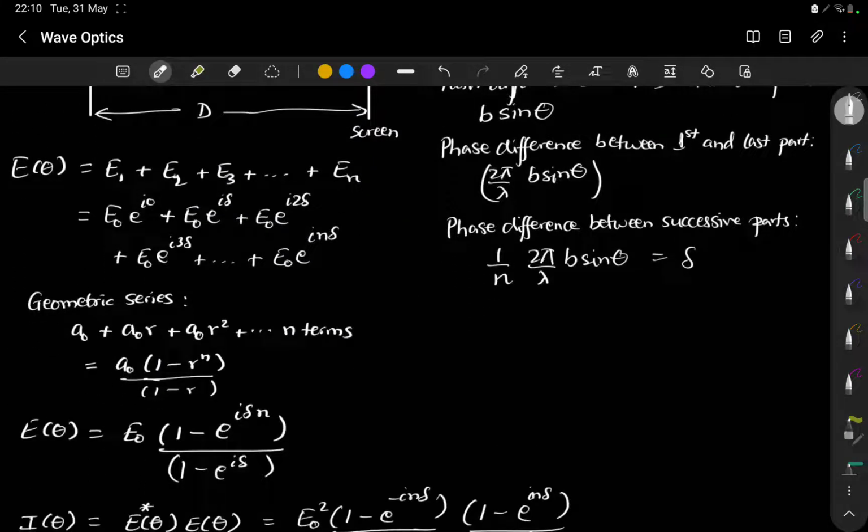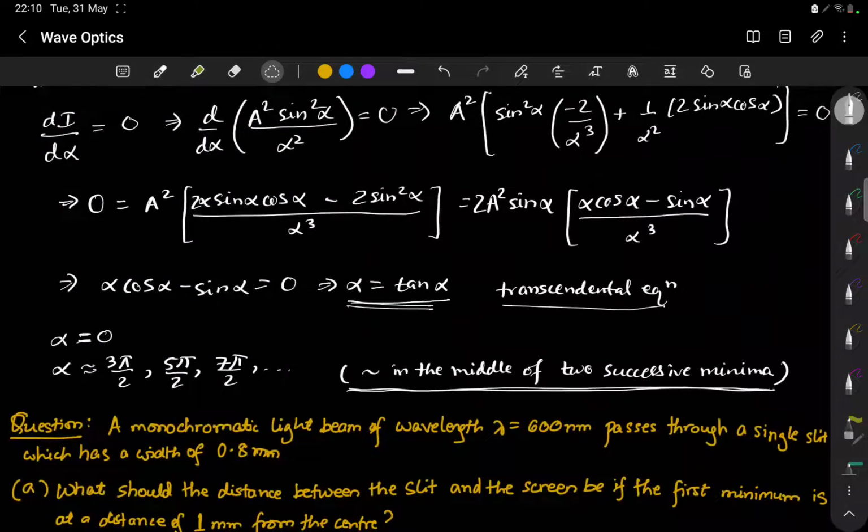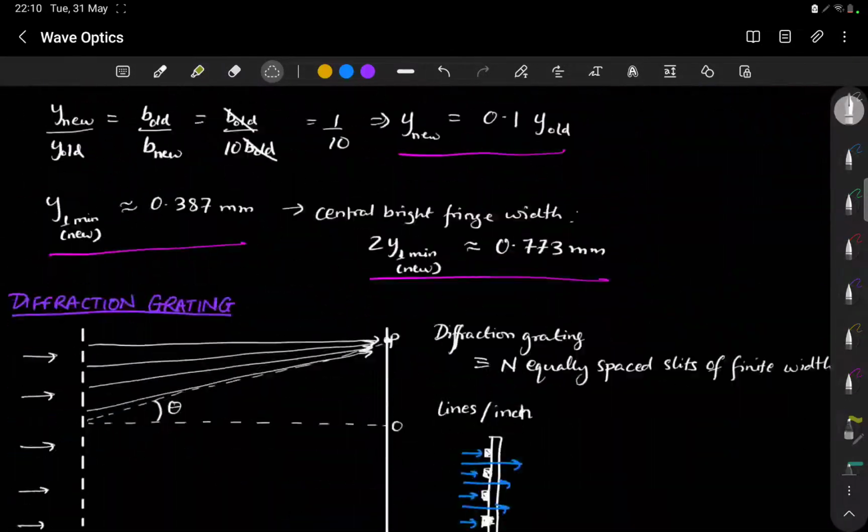And finally, the expression for electric field that we had is this one right here, where delta is the phase difference between the successive parts given as over here. So let me just copy these expressions and paste it where we want it.